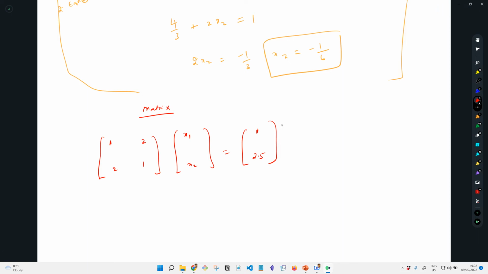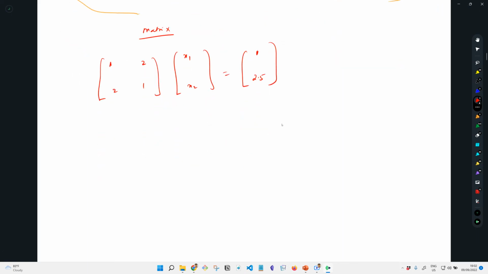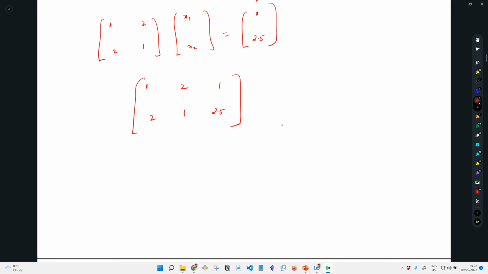So now the first step in solving a system of linear equations is to append b to A itself. [1 2; 2 1], and when you append b to it, what you will get? You will get 1, 2.5.